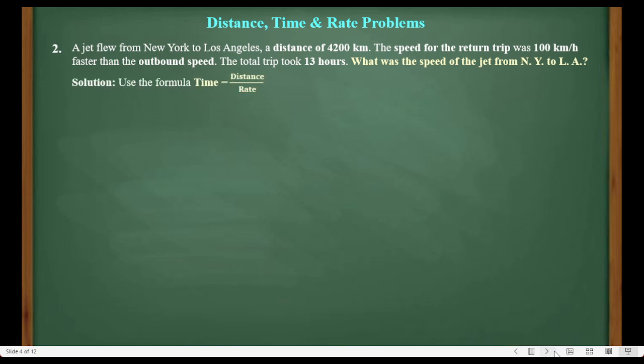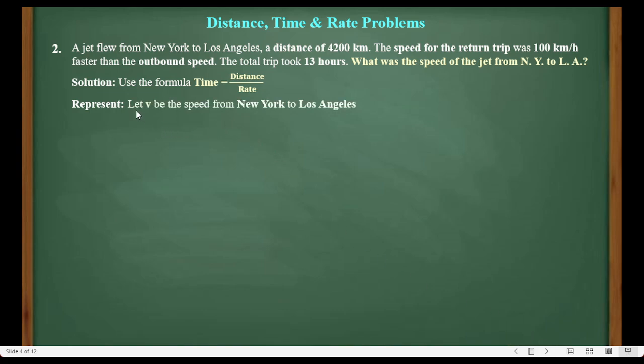So again, we use the formula from physics, which is related to time, distance, and rate. And the formula is time is equal to distance over rate. Now, in this problem, the first part is again, we represent those unknown quantities by symbols.